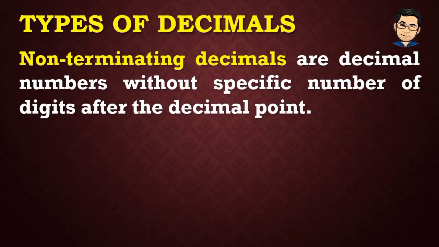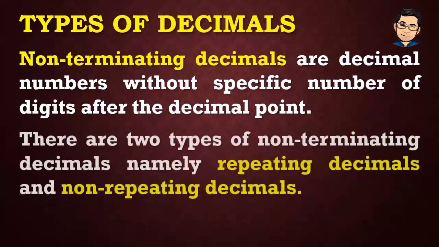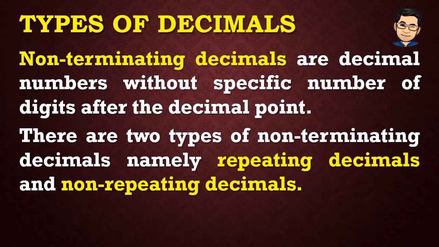So non-terminating decimals are decimal numbers without specific number of digits after the decimal point. So kung yung terminating decimals, nabibilang natin yung mga numbers after ng decimal point, pag non-terminating decimals, hindi natin sila nabibilang. And then, there are two types of non-terminating decimals, namely repeating decimals and non-repeating decimals.